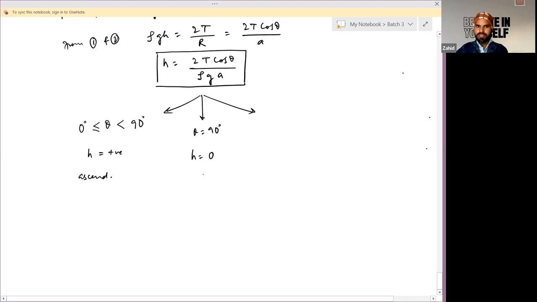So there will be no change in level of liquid. Third, if theta is greater than 90 degree and less than or equal to 180 degree, cos theta will be negative. So height will be negative. It means there will be decrease in level of liquid, or it will be descent. Is it clear?